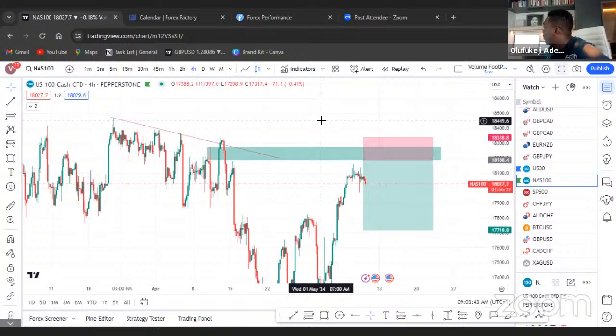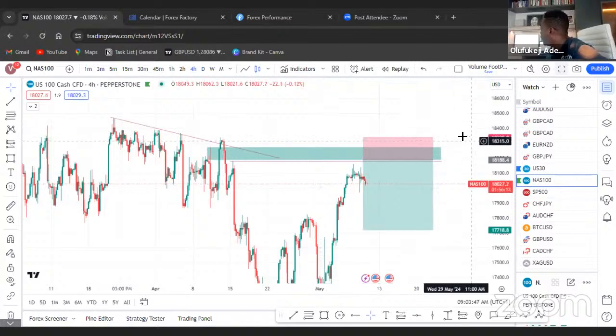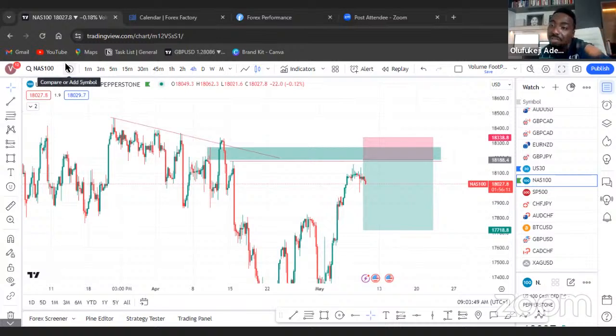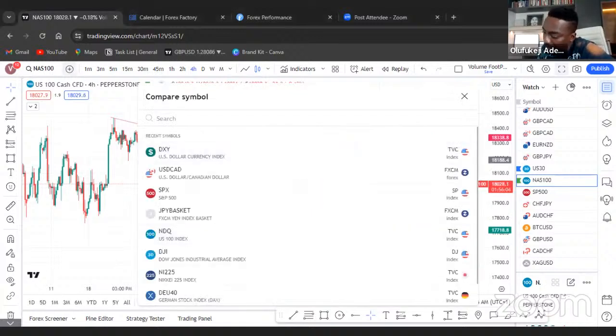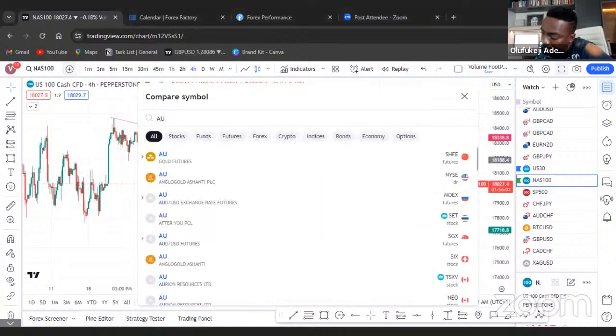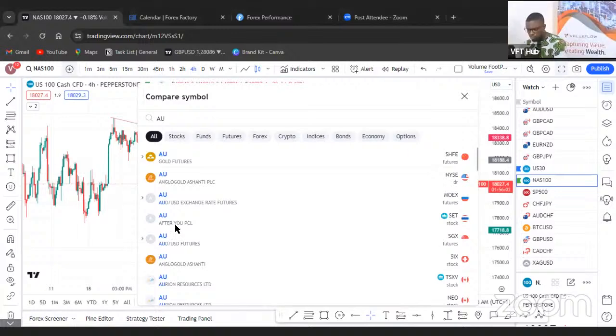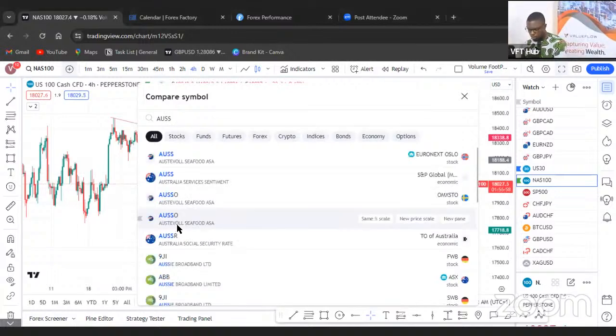Great markup. If you even check the Australian equity index, ASX 200 or AUS 200, you can check that.